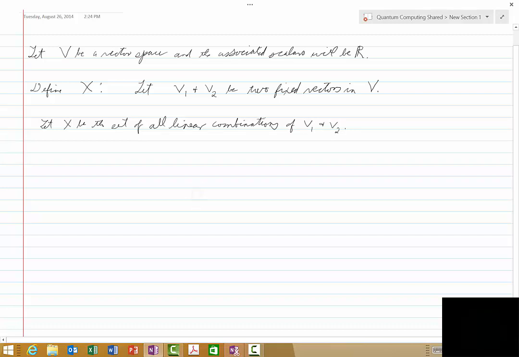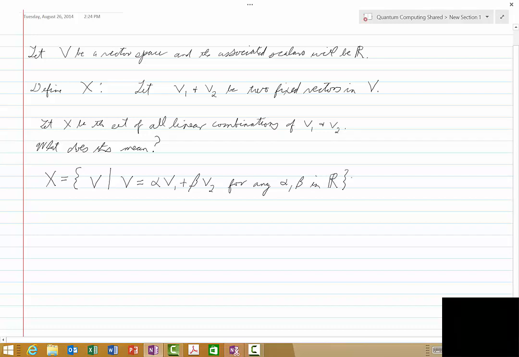Now, what does that mean? Okay, what that means is that X is the set of all vectors V such that V is equal to alpha V1 plus beta V2 for any alpha and beta in the associated set of scalars, which in this case is R. So the way you should think about this is, as I said, V1 and V2 are fixed, but alpha and beta can vary.